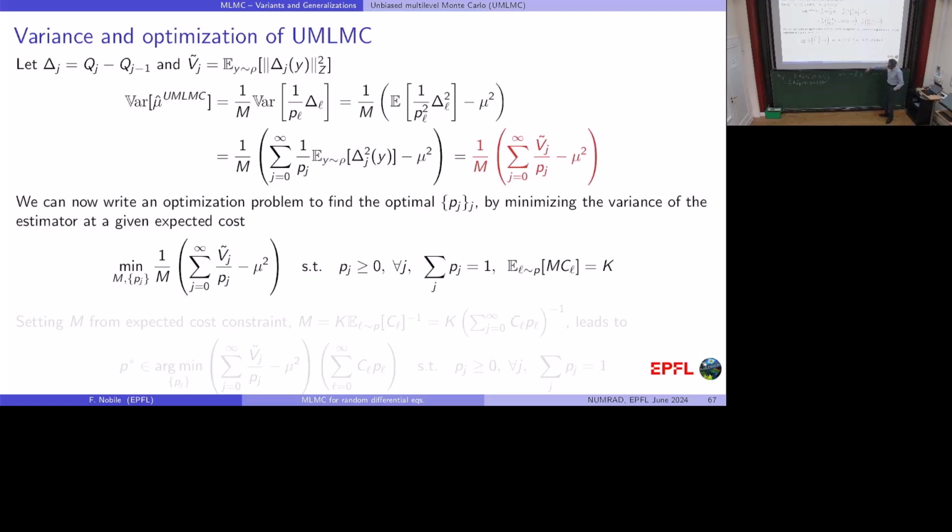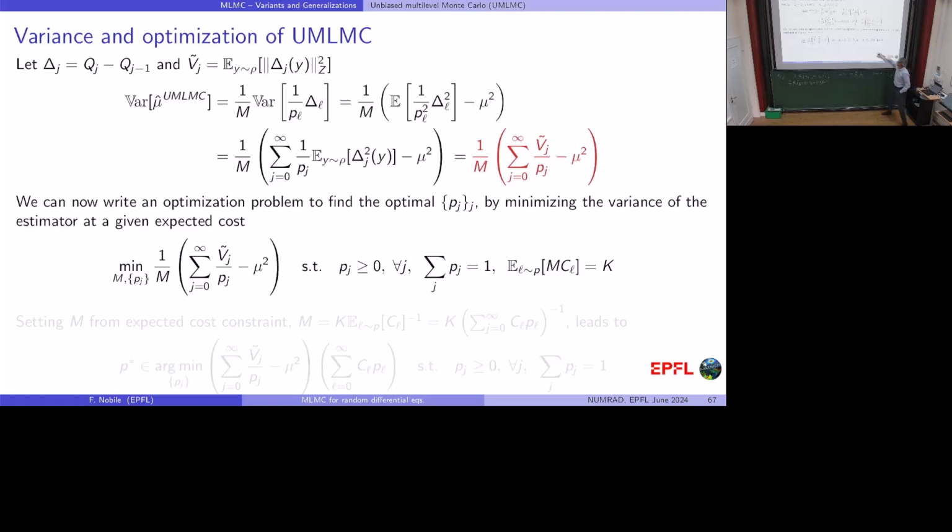Notice that the cost of this estimator now is random because you don't know at which level you run the simulations. But the expected cost will be, again, each simulation has a random cost CL, depending on which level you picked. And you run M simulations, so the expected cost is the expectation of M times CL.